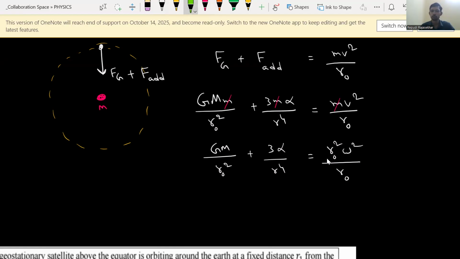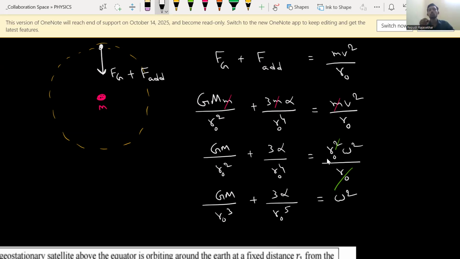Then the equation becomes GM divided by r naught cube plus 3 alpha divided by r naught to the power of 5 equals omega square.